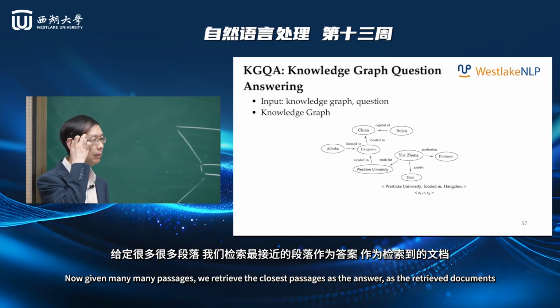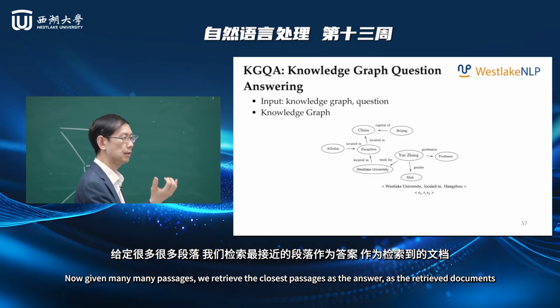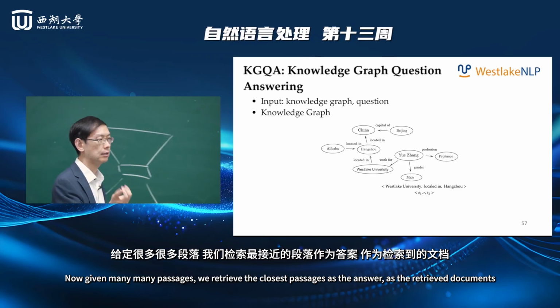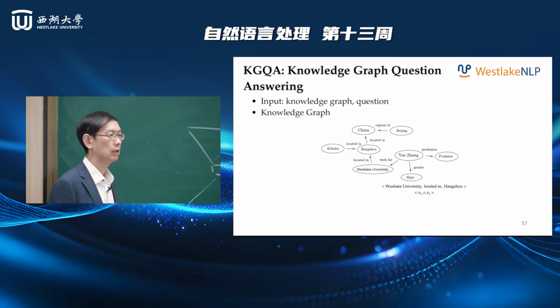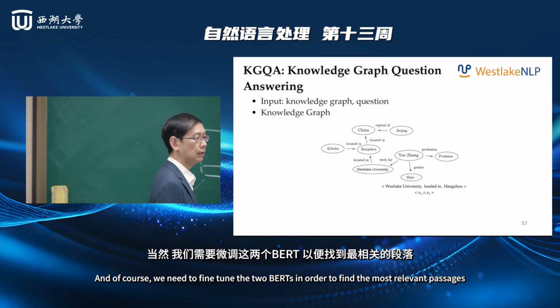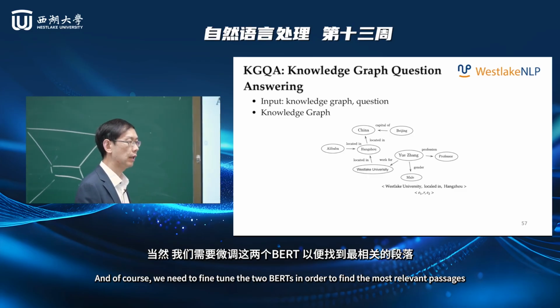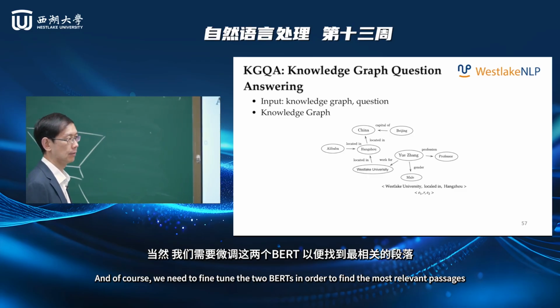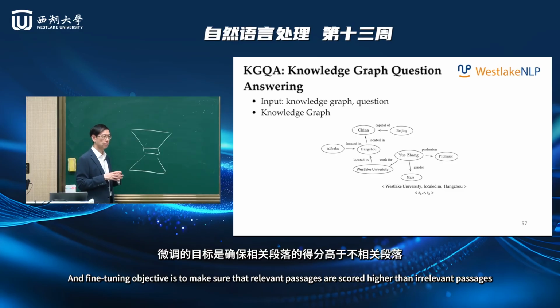Now, given many passages, we retrieve the closest passages as the retrieved documents. So this is called dense passage retrieval. And of course, we need to fine-tune the two BERTs in order to find the most relevant passages.